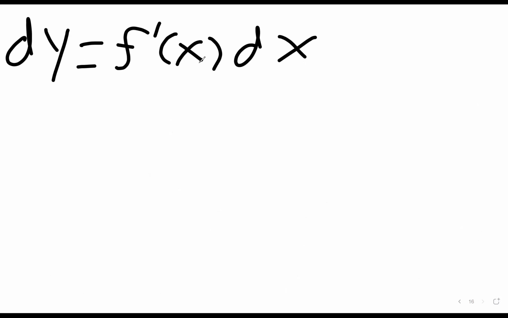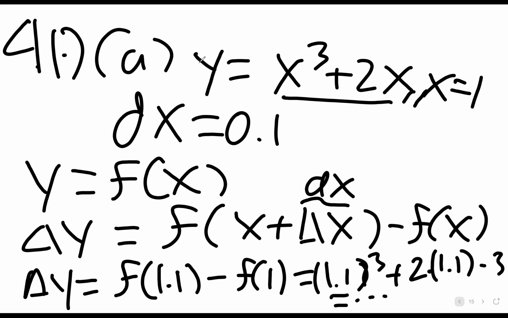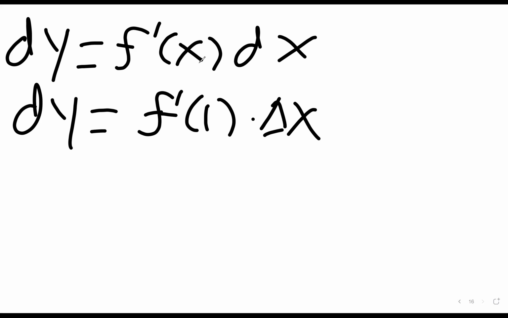The general formula is f prime of x dx, or in this case, dy is f prime of 1 multiplied by delta x, and delta x is given, namely 0.1. So that will be f prime of 1 multiplied by 0.1.